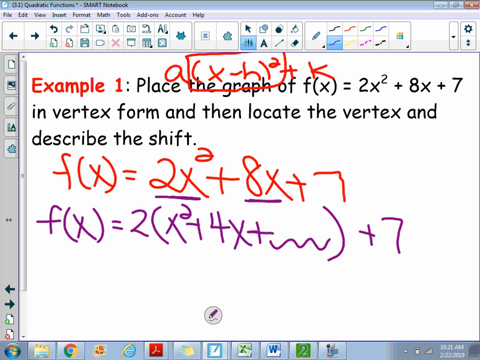Now, usually what we do is we put the magic number on the right and the matching magic number on the left, correct? However, do I want anything on my other side? No. So, if I'm adding something here, what would I have to do to keep it balanced? Subtract it over here.